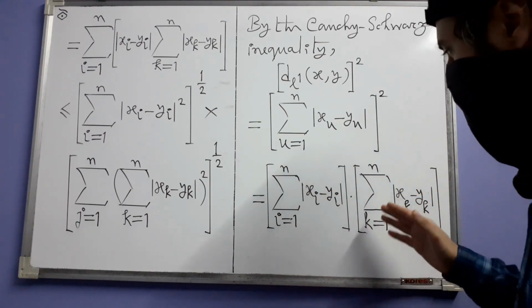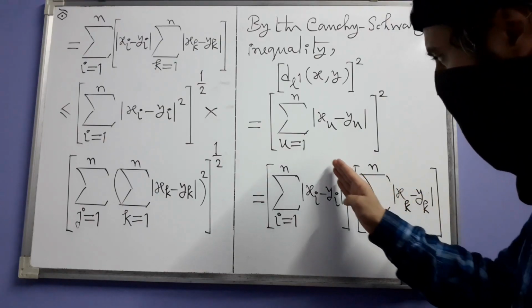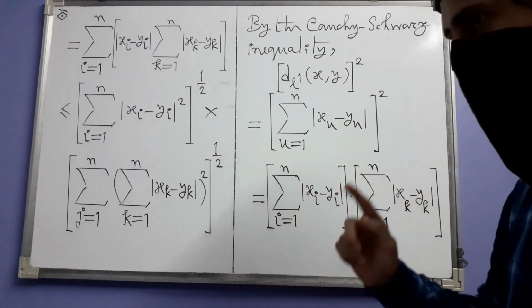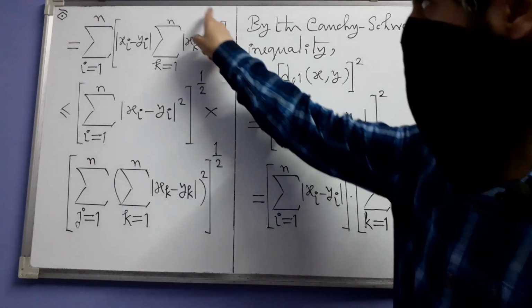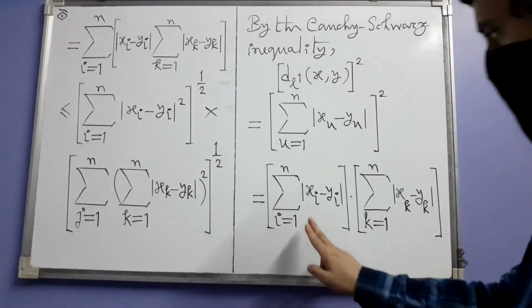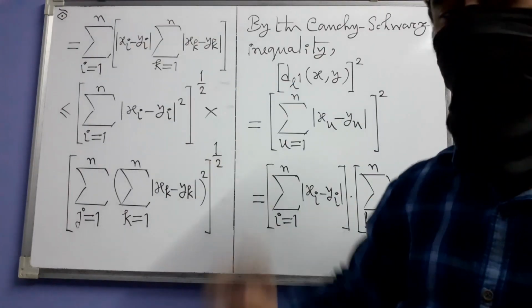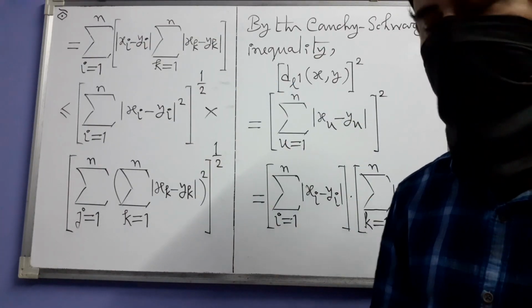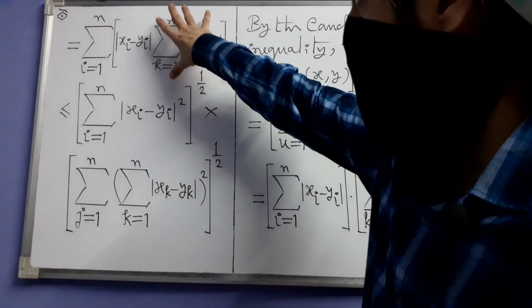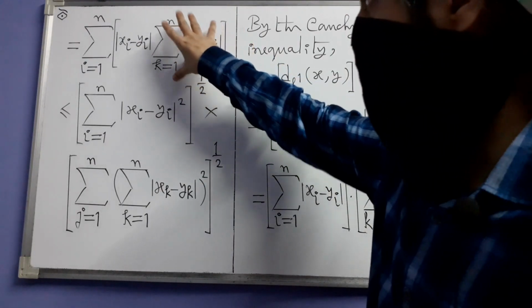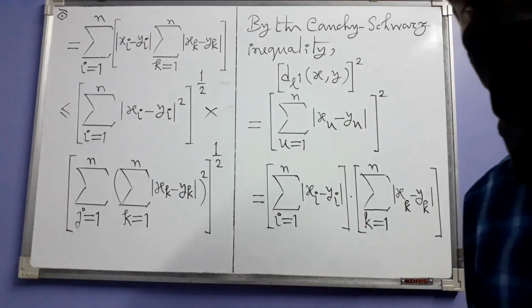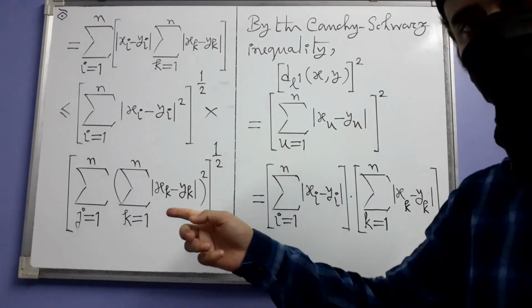And then you are multiplying all the terms of the first sum by b. So that way b comes with all the terms of the first sum. Alright, so that means this single sum, which is a real number, is now with all these terms, mod x_i minus y_i times that.